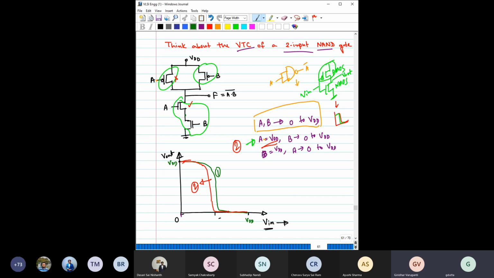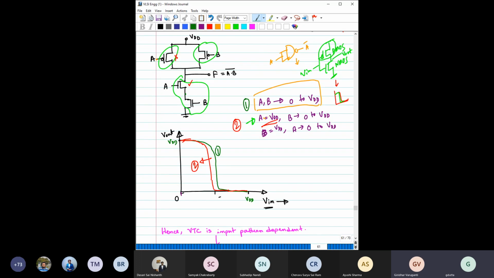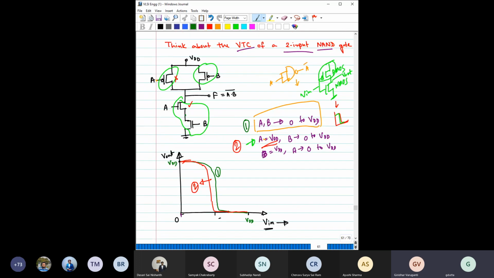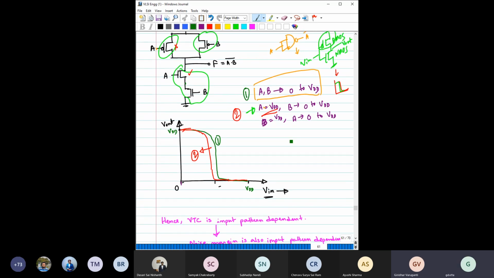But let us not go into those details right now. Let us only understand this part, that compared to case 1, the VTC for case 2 or case 3 would be different, right? For case 2 and case 3 would be different. Because depending on the values, you are changing the relative strength of this PMOS and NMOS, means the strength of pull-up network and pull-down network, right?